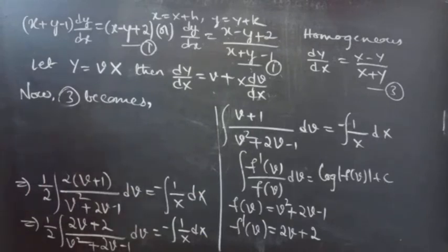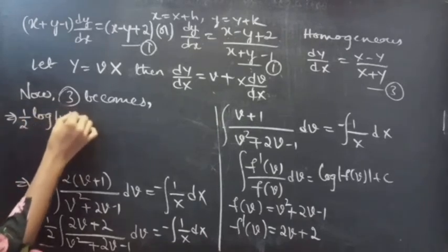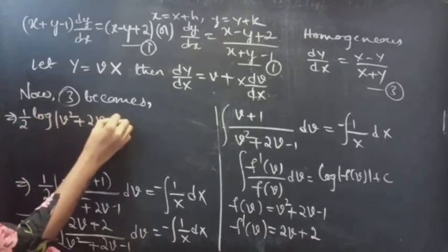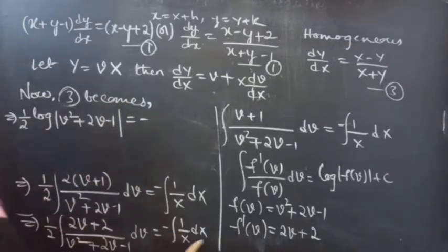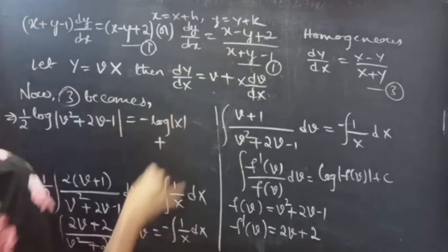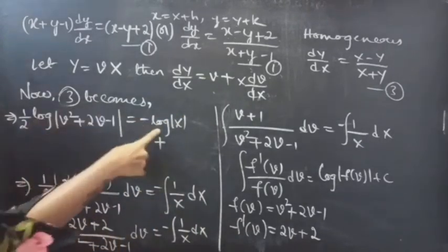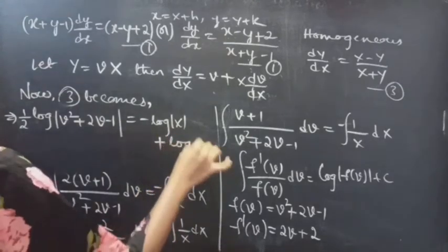Then this becomes 1 by 2 into log mod f of v, that is log mod v square plus 2v minus 1, equals minus integral 1 by x dx, which is log mod x, plus, since both the terms are in log, we'll write the integral constant as log c.